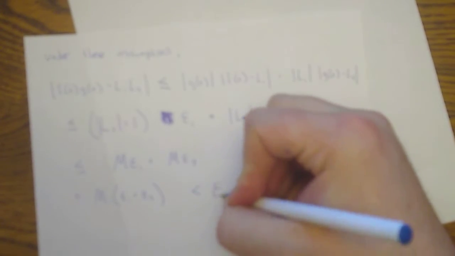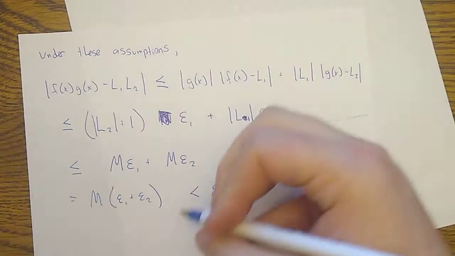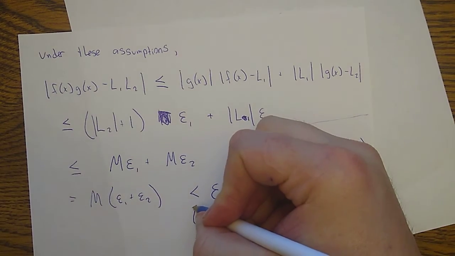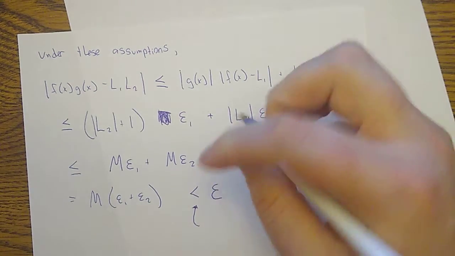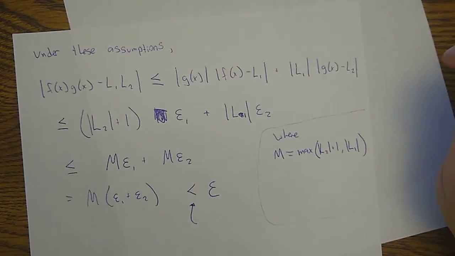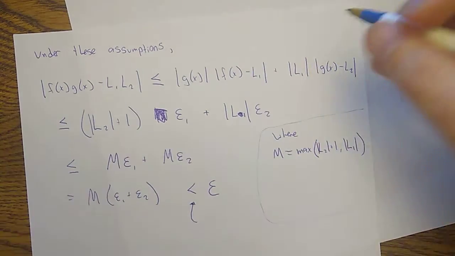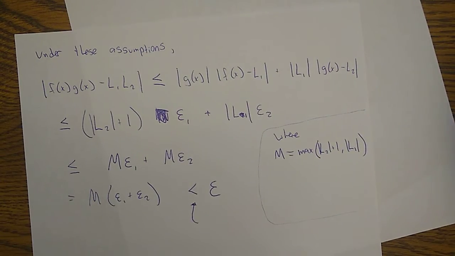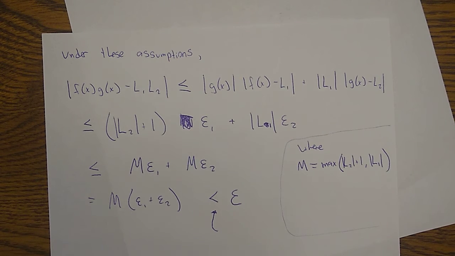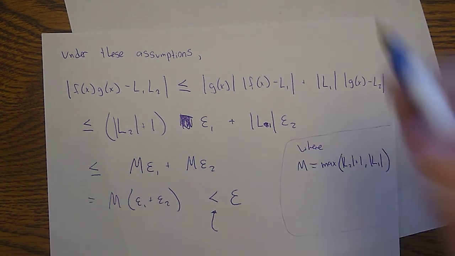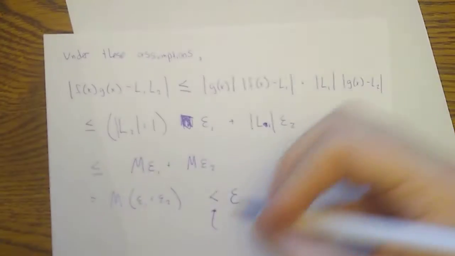Ultimately, I want this to be smaller than epsilon. Of course, this inequality is not justified yet, but I get to choose epsilon 1 and epsilon 2. So this won't be any problem.